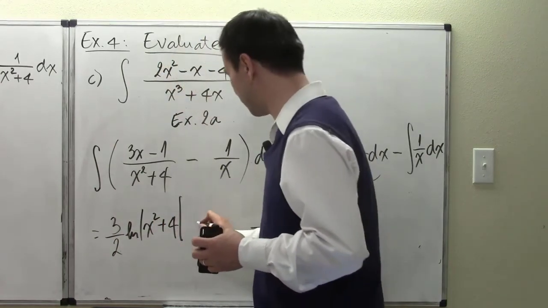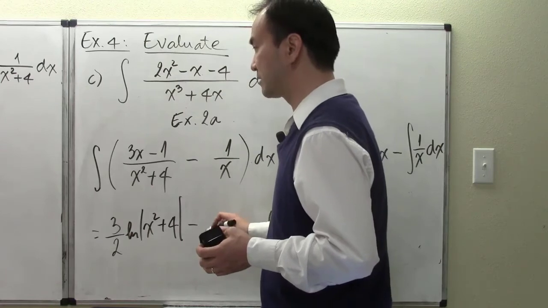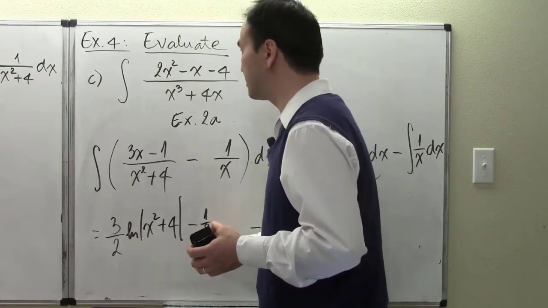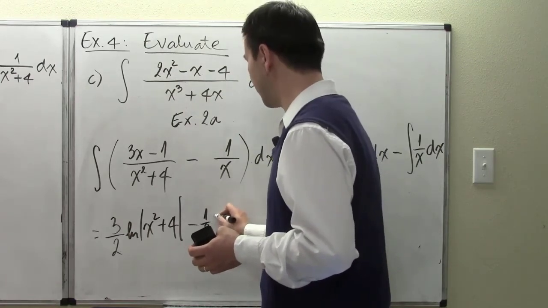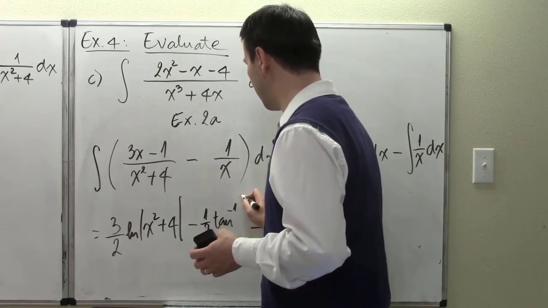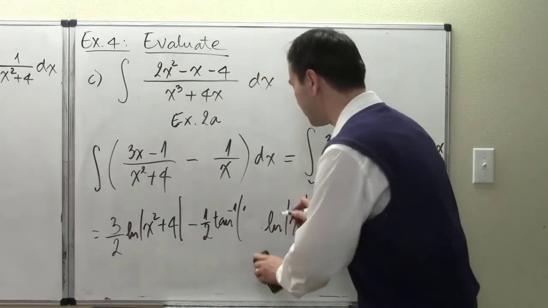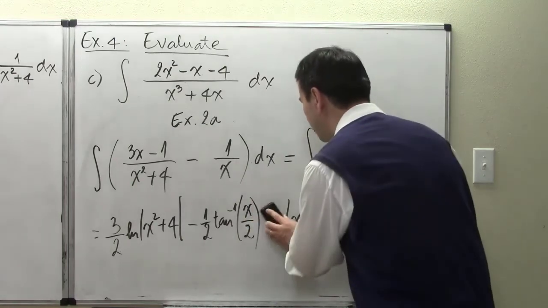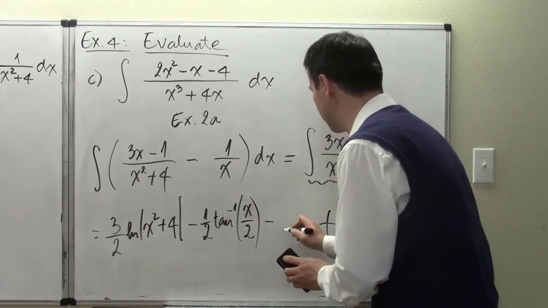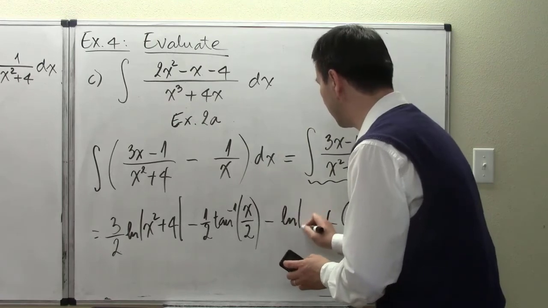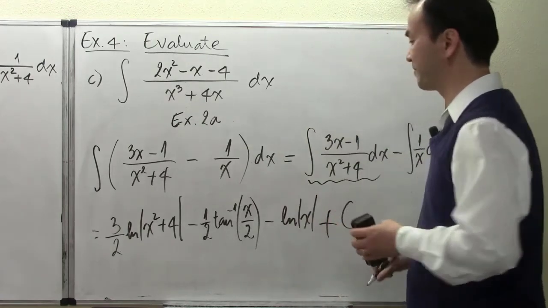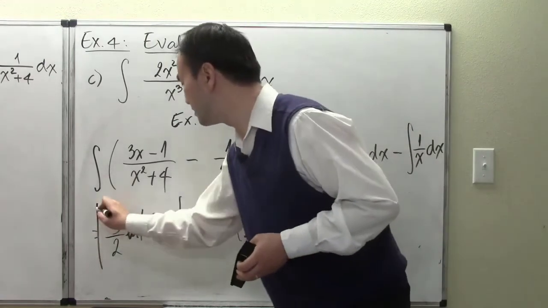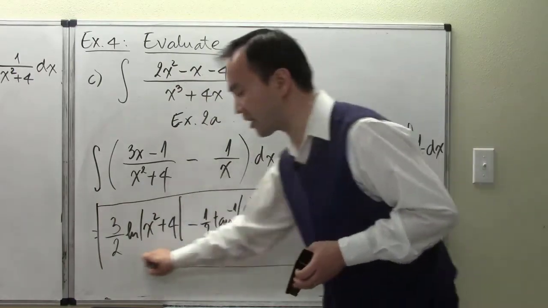Okay, and then we're going to minus a 1/2 tangent inverse of x over 2. And then of course subtract natural log of absolute value of x plus c. And that is our final answer for this entire problem right there.